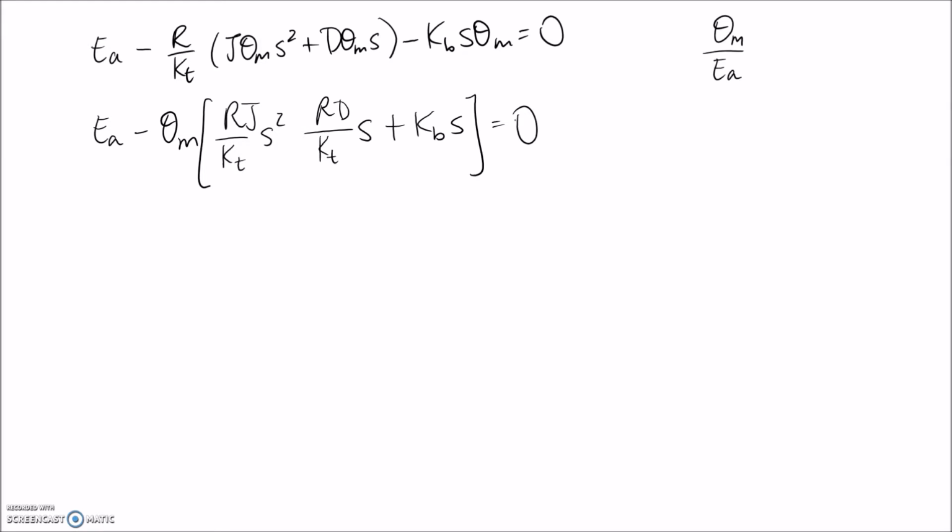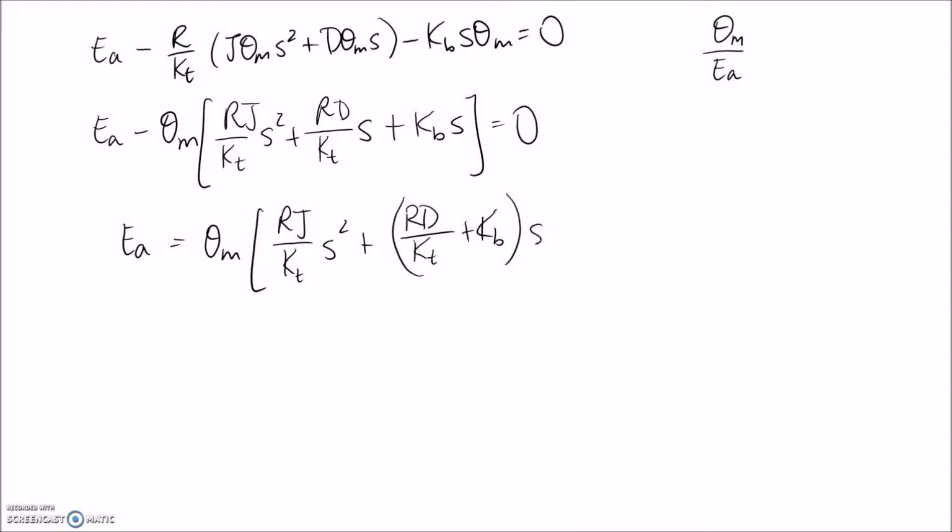So I'm going to get EA equals, and I'm going to shift this all to the other side. So RJ on KT s squared. Oh, I've dropped my plus in here. And I've got RD on KT plus KB. That's all multiplied by s.